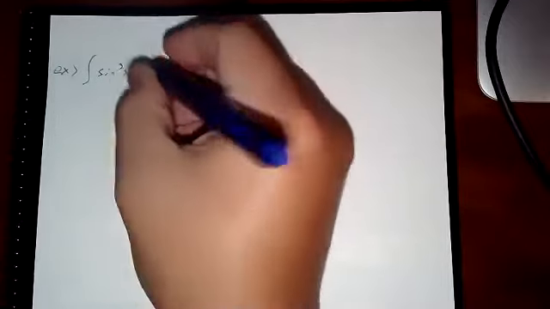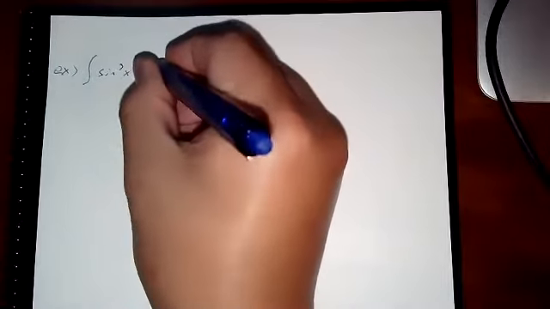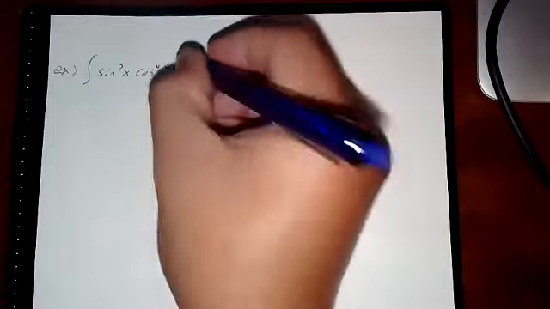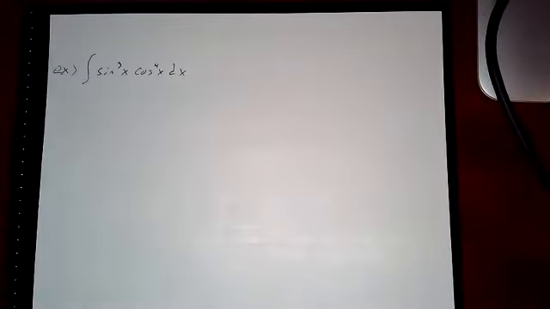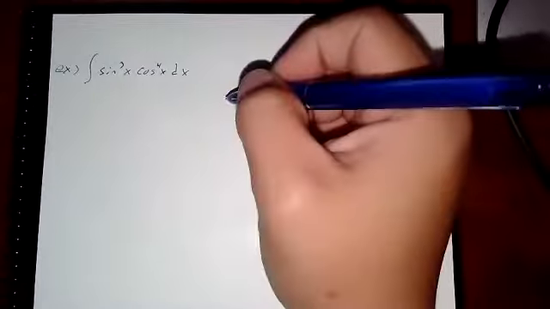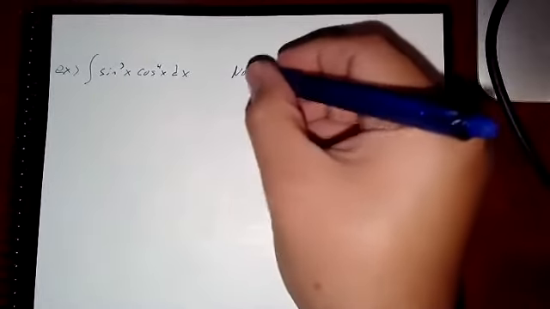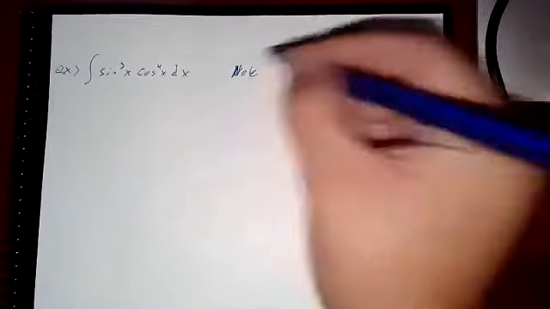So this is how you use it. For example, suppose you have the integral of sine cubed x cosine fourth x dx.